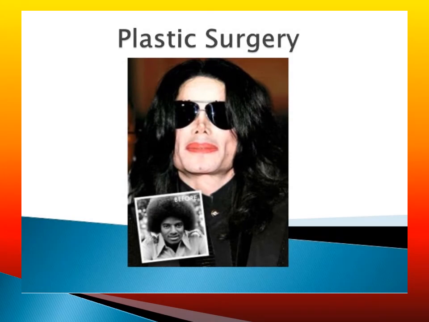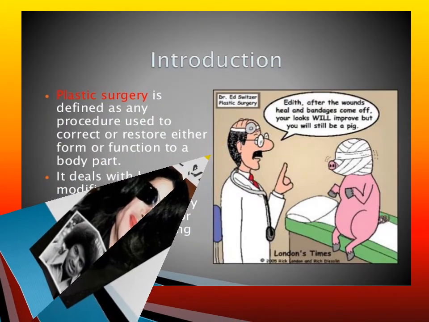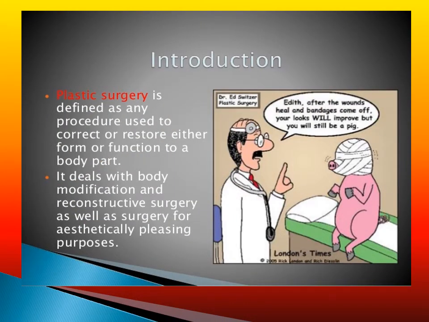Next is the plastic surgery. You can see the picture of the plastic surgery. You know this familiar person, that is Michael Jackson. Introduction. Plastic surgery is defined as any procedure used to correct or restore either form or function to a body part.